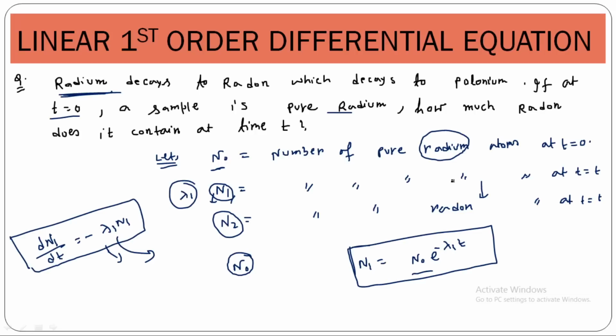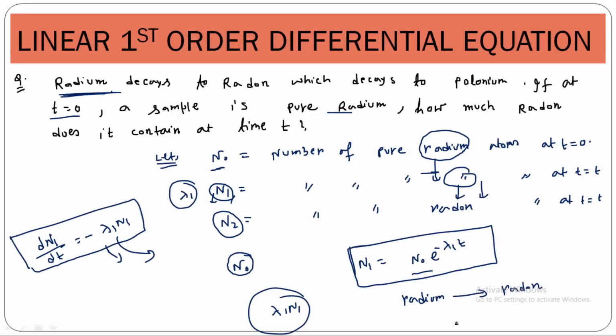But now when your radium decays to radon, this lambda 1 N1 is the decay amount, but the radon is also decaying at the rate lambda 2 N2. So the decay of radium is lambda 1 N1, and this lambda 1 N1 is also the formation of radon, because radium is the first element, then it will decay to radon.